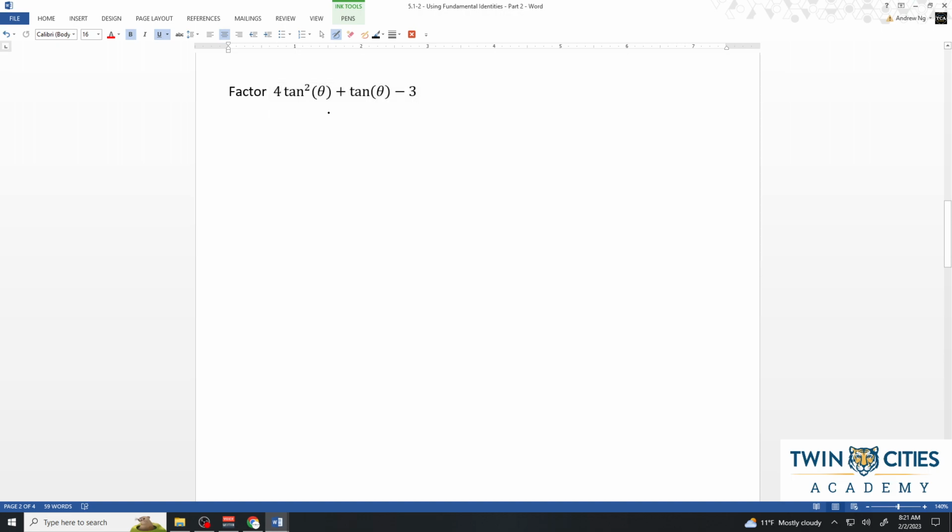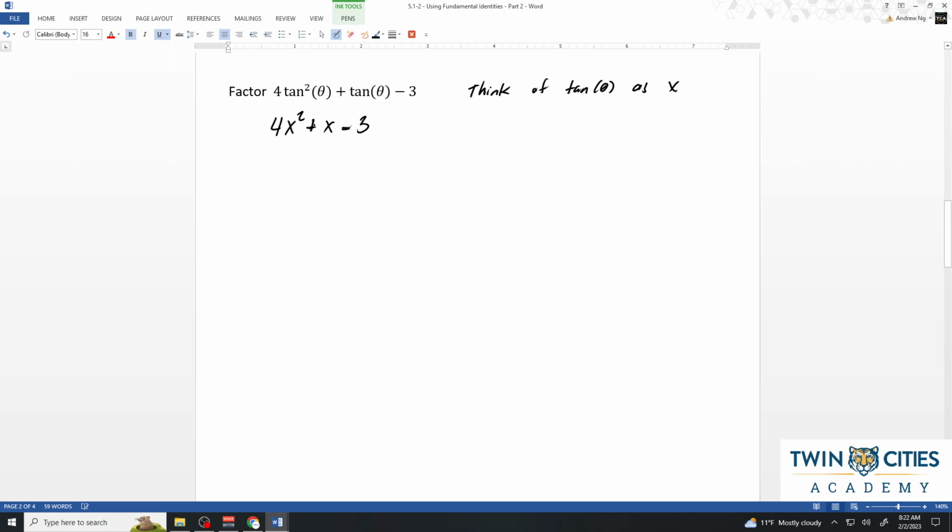But what if I just think of tangent of theta as x? If I do that, then this is 4x squared, tangent squared, plus x, tangent, minus 3.